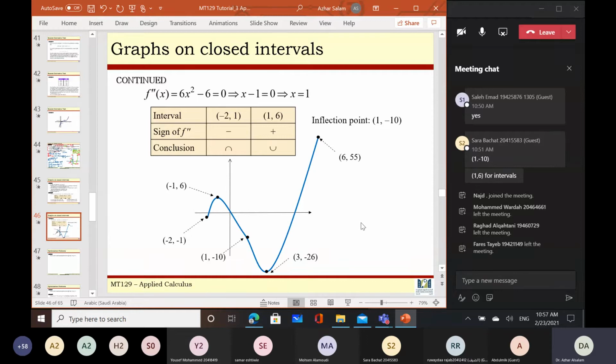As we said, the most important thing here is the increasing and decreasing intervals, including the maximum and minimum points, which I find from the critical points, and then find the second derivative, find the concavity, concave up or down, and the inflection point between them. This is the most important thing in sketching the graph.